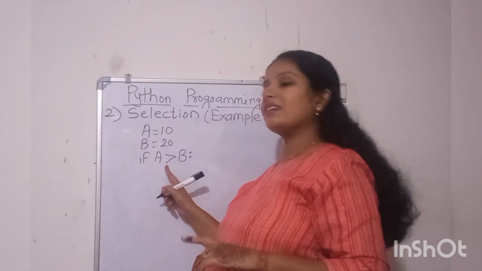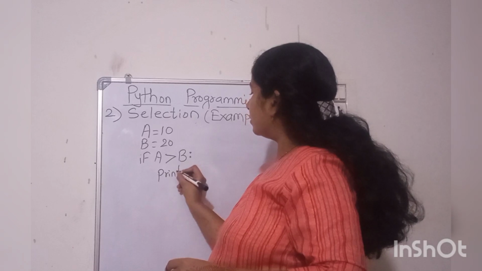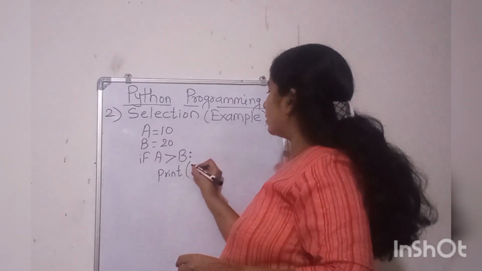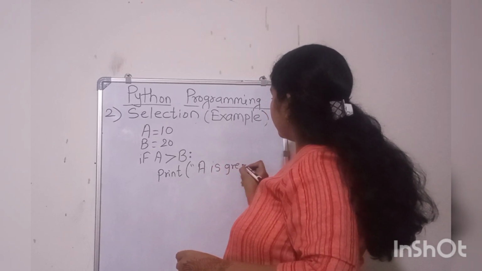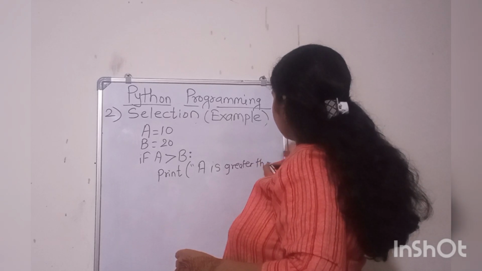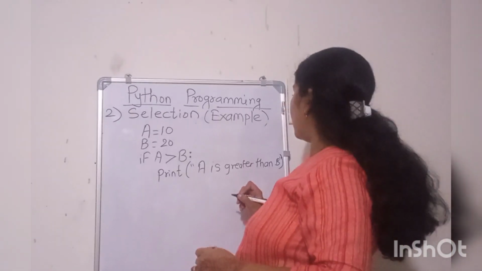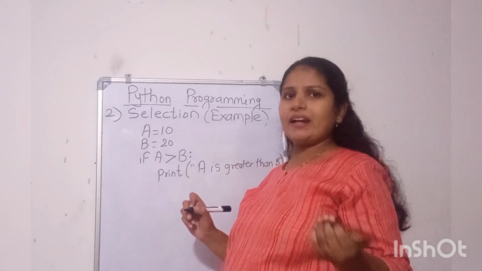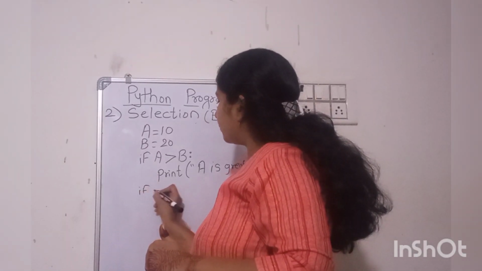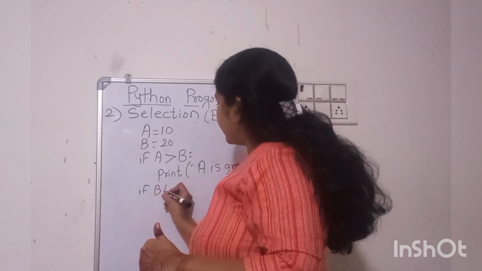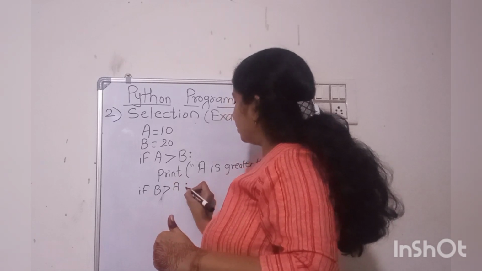So if a is greater than b, then I am going to print the result: a is greater than b. If you want, you can add another if instruction as well. Suppose, if b is greater than a, again colon.